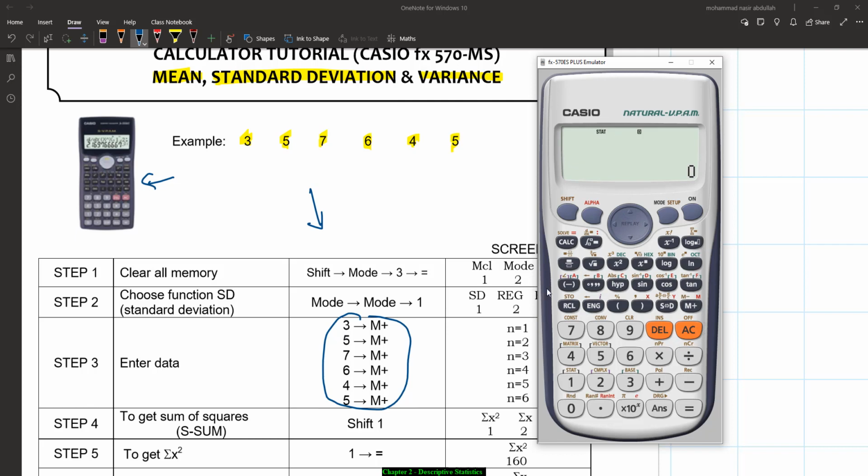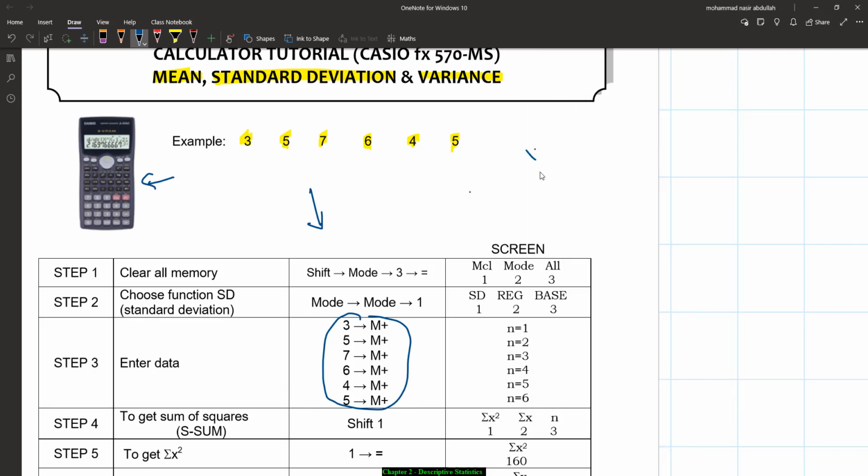Can you understand? Once you have keyed in the data, click AC and click on Shift 1 for stat, and click on 3 for sum. Then you will get the summation of x square. Remember, mean is equal to summation of x divided by n.